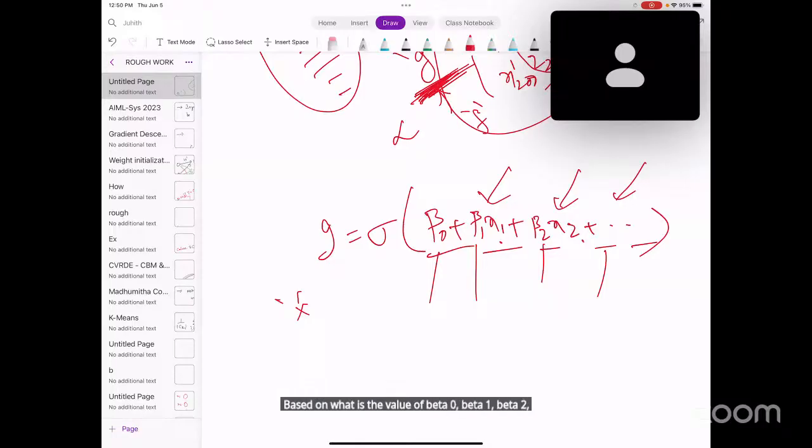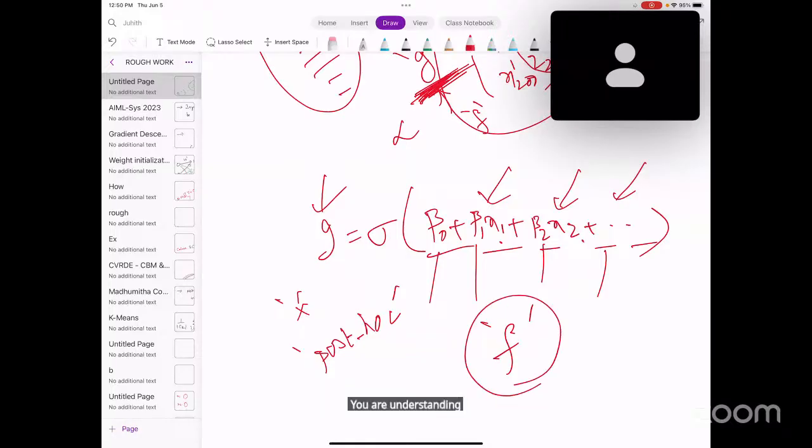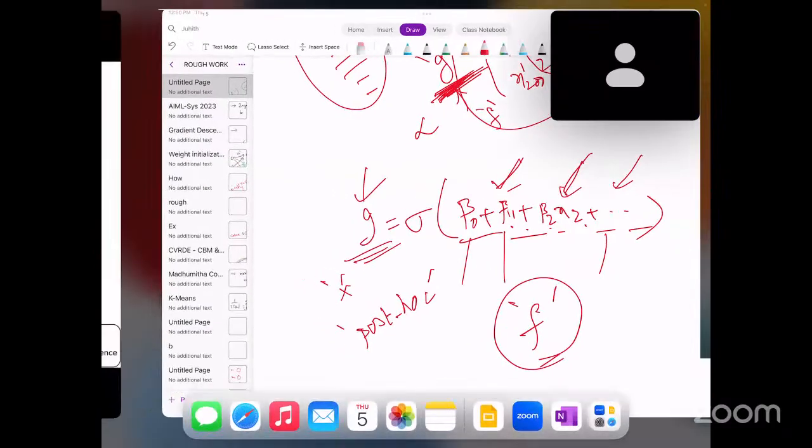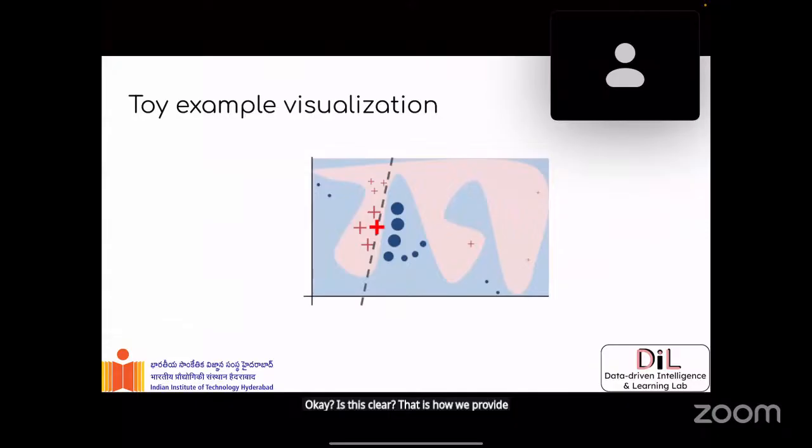You understand the model. The f is understood through g. That is why it is called post hoc indirect explanation. You are understanding f, but you're looking at g to understand f. Okay, is this clear? That is how we provide approximation but also explanation for the model, which is local, not global. Okay, local explanation.